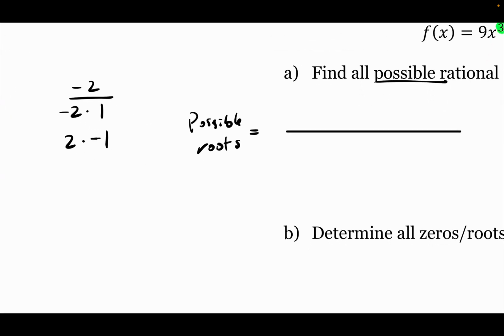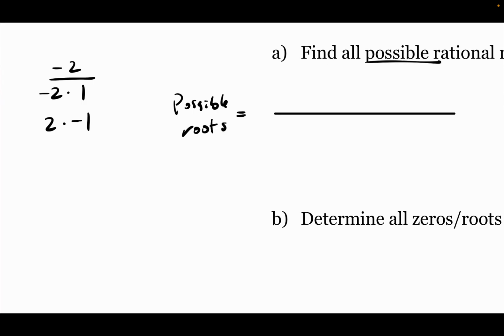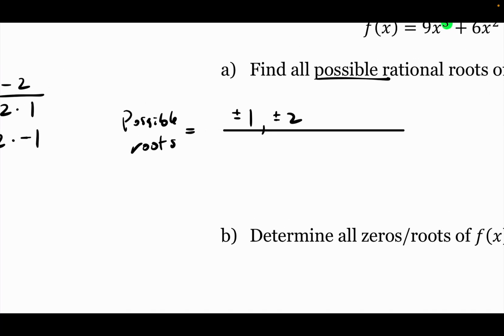That's it. So those are the numbers we're going to list on top. There's 4 of them, right? I'm going to write this a little different because I have a positive 1 and a negative 1, right? So I'm going to put a plus and minus 1, plus and minus 2, just so that I don't have to write super long. Okay, those are the factors of the constant.